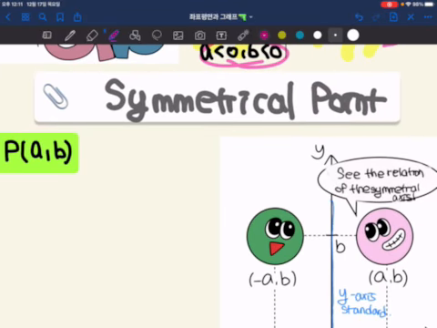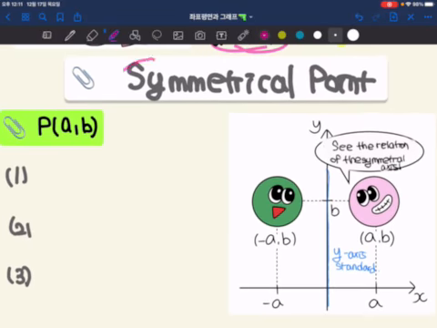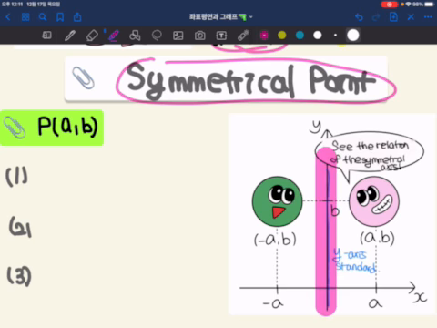Now to talk about the symmetrical point. The symmetrical point is a relation with respect to one axis or one line. The symmetrical point has congruent values, which means that the distance to this line and to this line is the same.